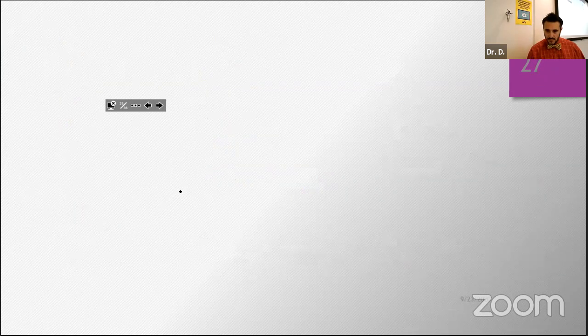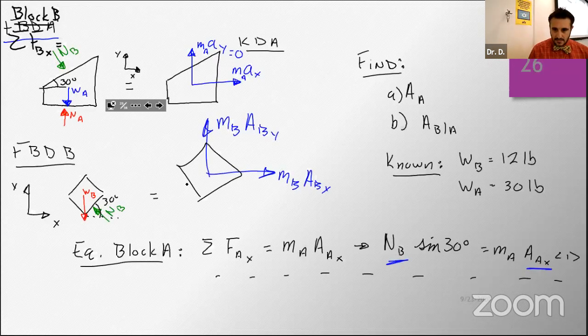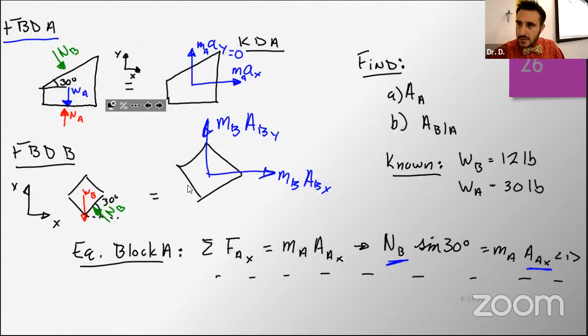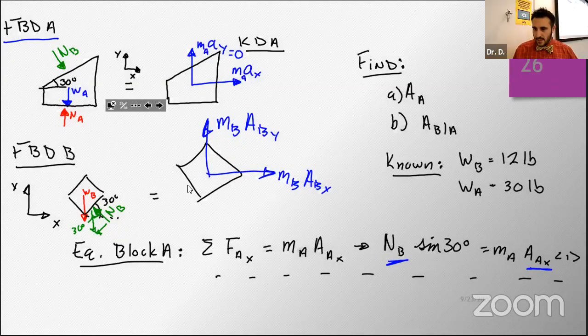If I'm going to sum my forces for block B in the X direction, where this angle in here is 30 degrees, I'm going to have negative N_B sine 30.